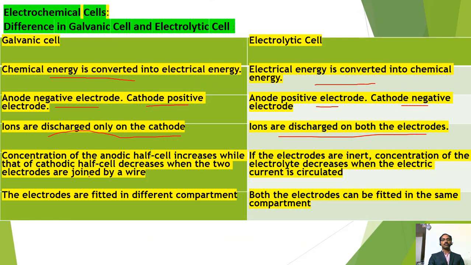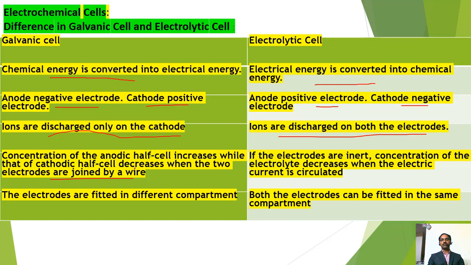Next, concentration of the anodic half cell increases while that of the cathodic half cell decreases when the two electrodes are joined by a wire. Obviously, the zinc is forming into Zn2+, so concentration is increasing.